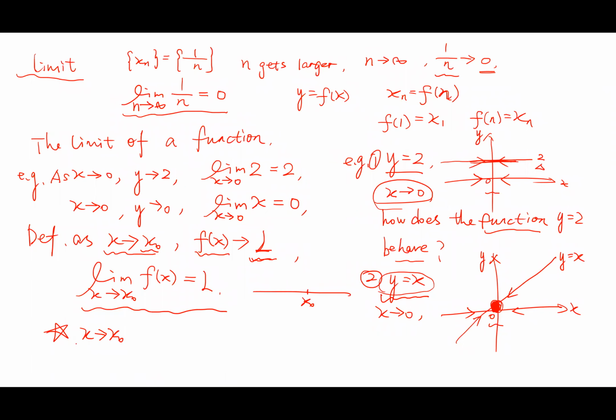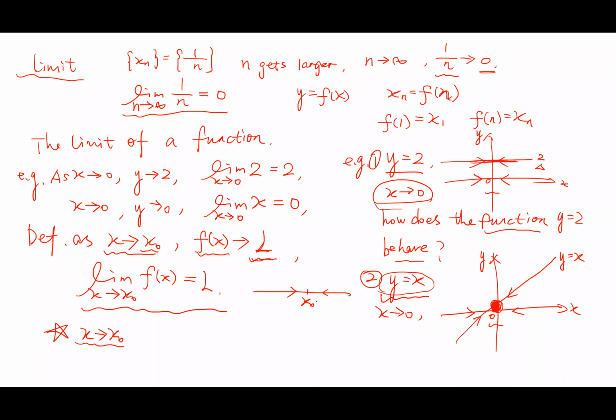We can see x approaches x0. We have two sides, right? From the left and from the right. So here, x approaches x0 from two sides.